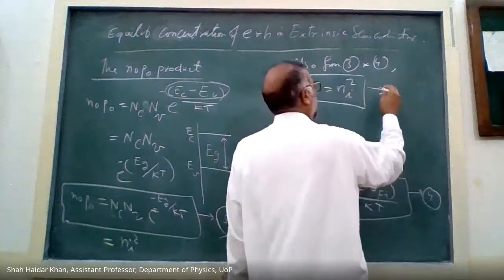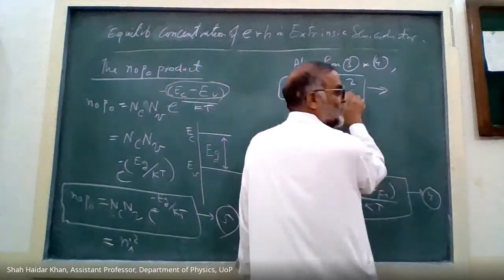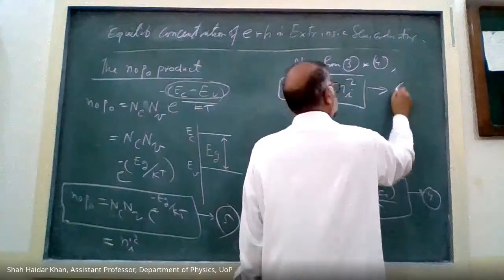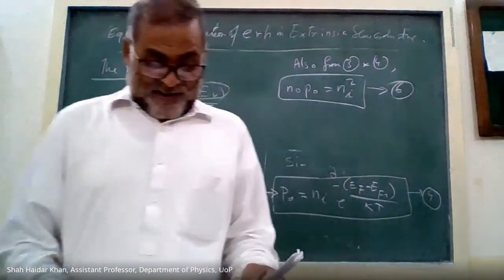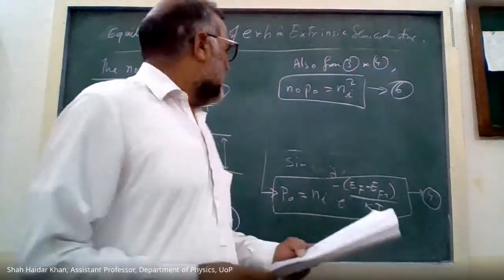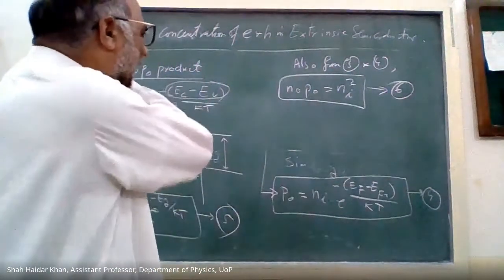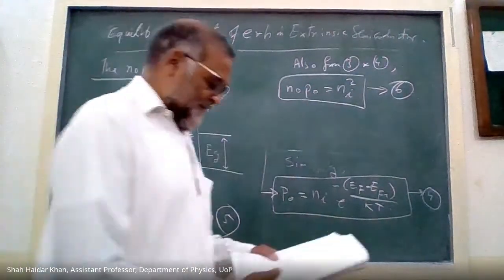And the constant Ni is the intrinsic carrier concentration. इसमें कोई impurity का जिक्र नहीं. So these two equations are very important. We will use them.